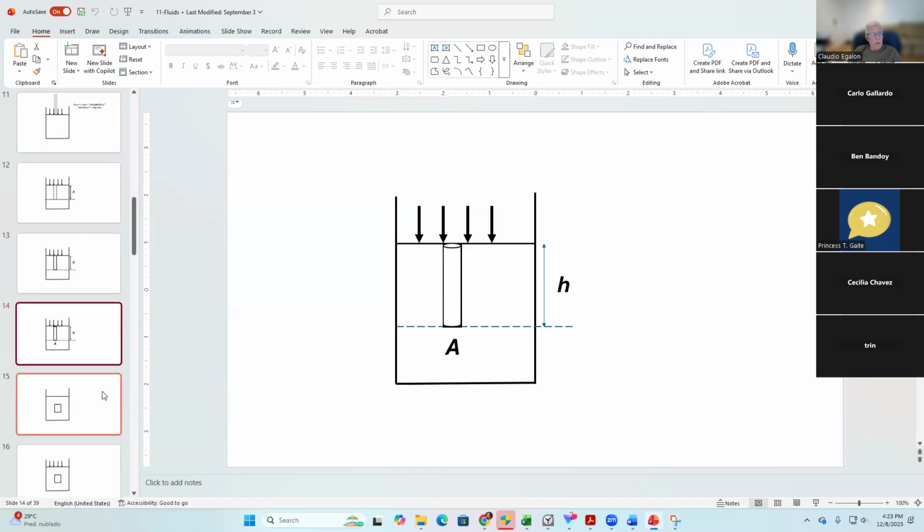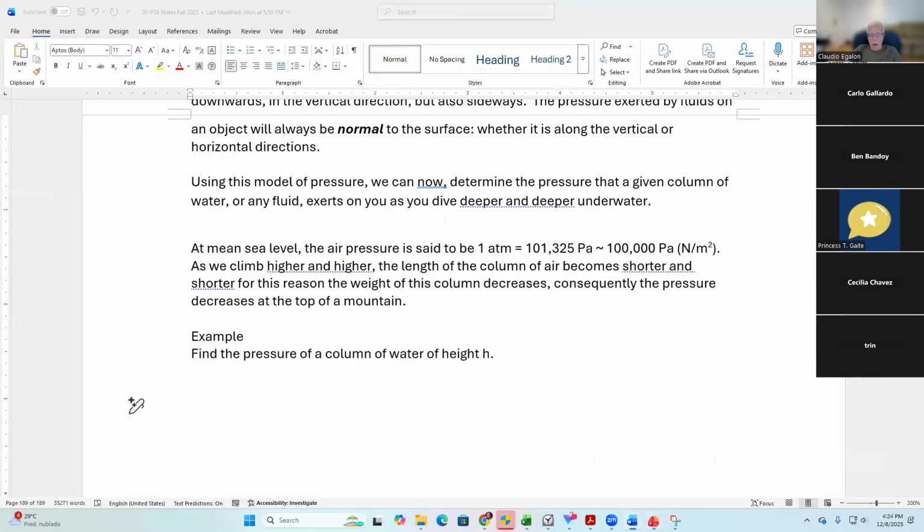You can model this column of water exactly as a cylinder of a given area A. So the first step is to state that the pressure due to this column of water is the force that this column of water exerts on you divided by the area.